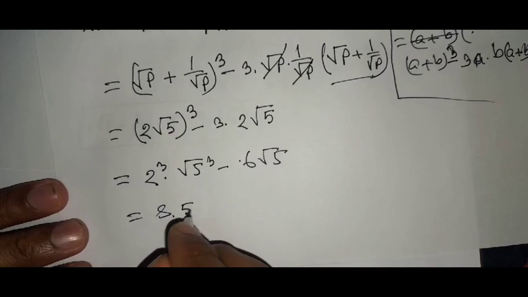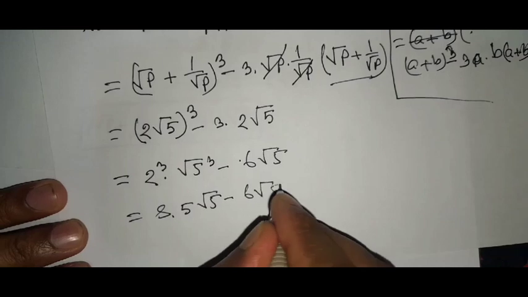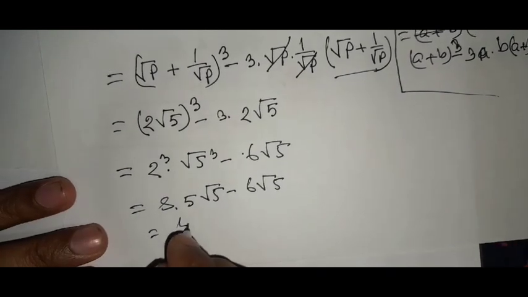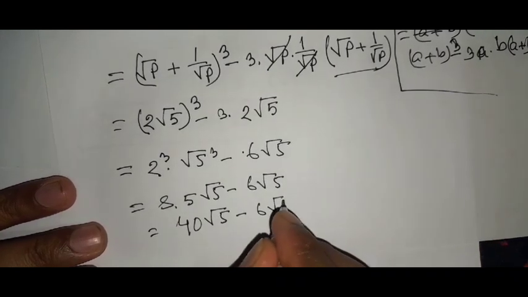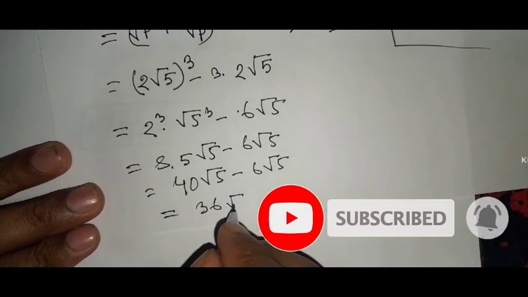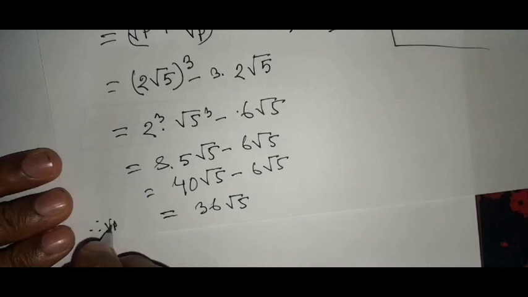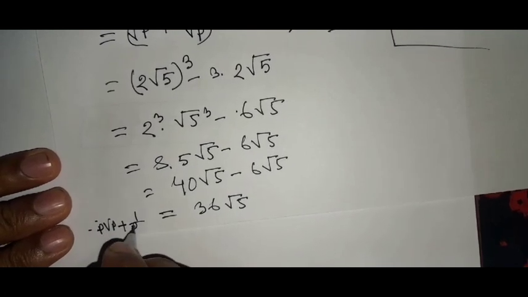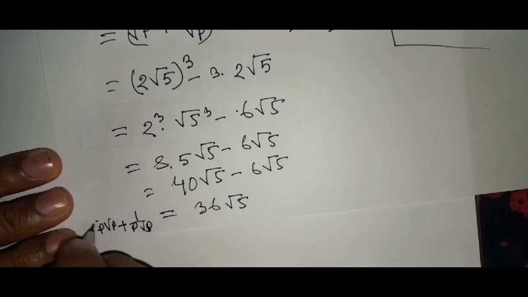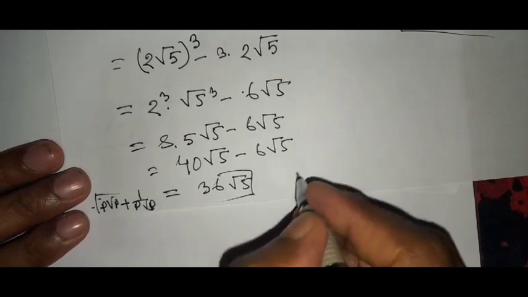Here 8 and 5 root 5 gives 40 root 5, minus 6 root 5, equal to 34 root 5. Okay, here the answer of p root p plus 1 by p root p is equal to 36 root 5. Okay.